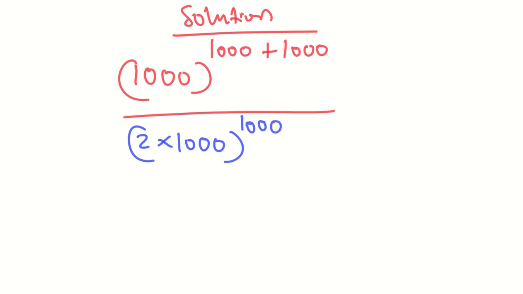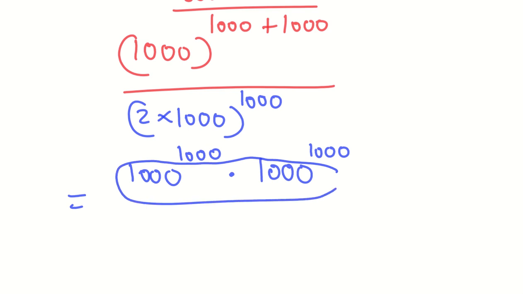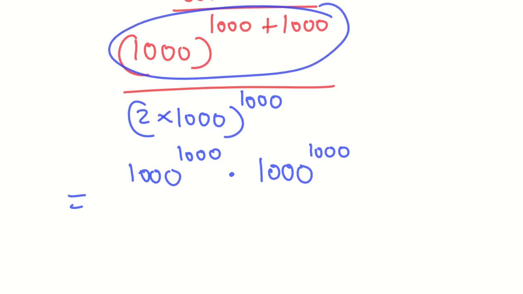So this is going to be equal to 1000 raised to the power of 1000 times 1000 raised to the power of 1000. If you apply the law of indices, they have the same base, right? We can add the powers, and that will give us back what we have here before.